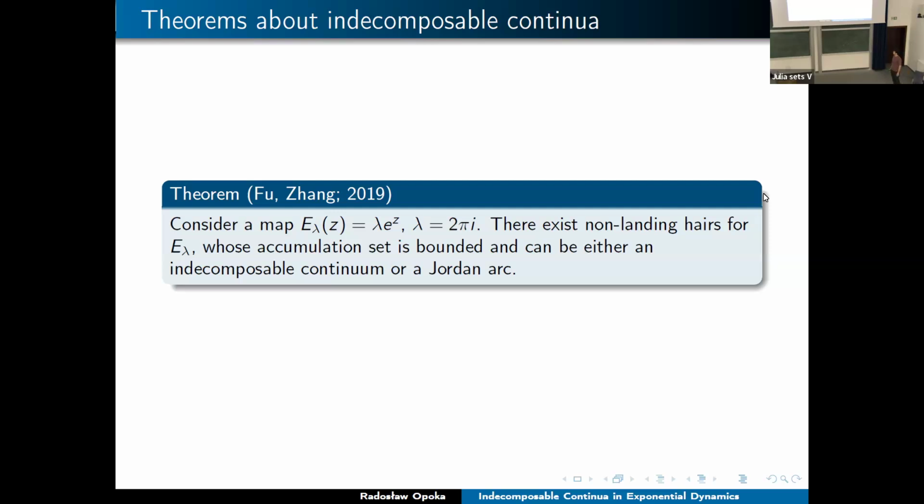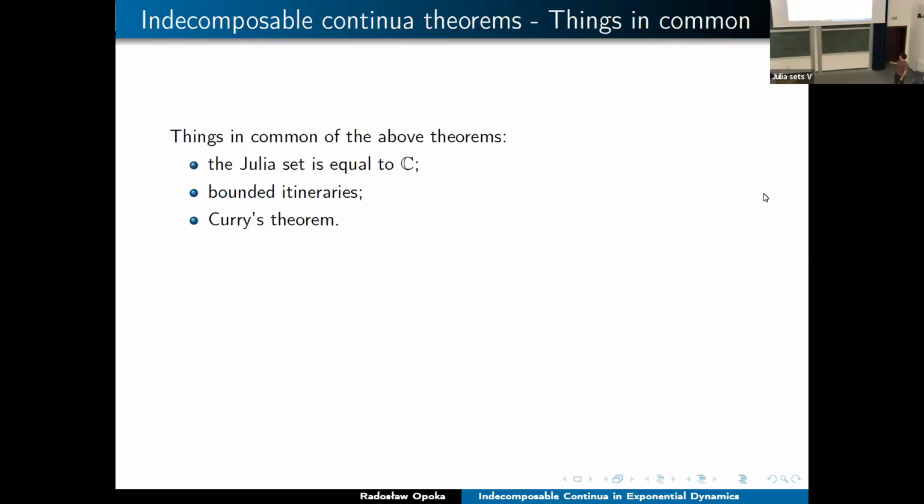And there are a few things in common between these theorems. In every case, for every lambda in our theorems, the Julia set of E lambda is the whole complex plane. And all theorems, at least all theorems without Rempe's theorem, construct itineraries which are bounded.